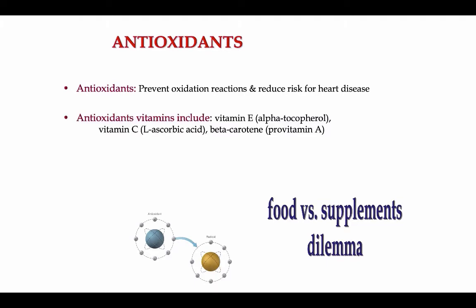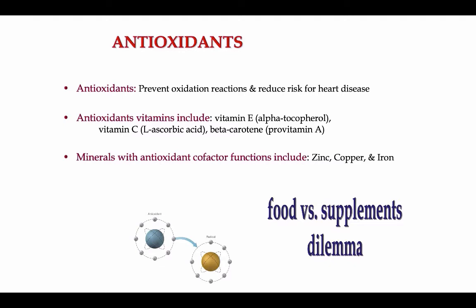We have nutrients that are considered antioxidants, including vitamin E, vitamin C, and beta-carotene, the vegetable form of vitamin A. There are certain minerals with antioxidant cofactor functions, and these include zinc, copper, and iron.